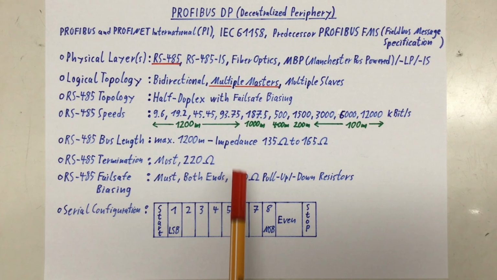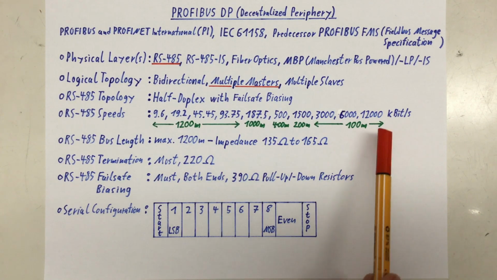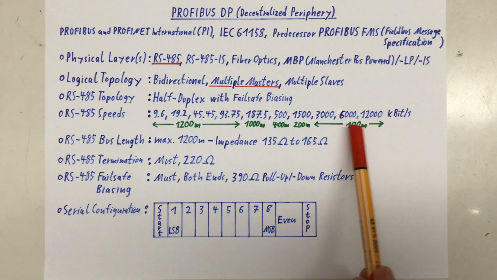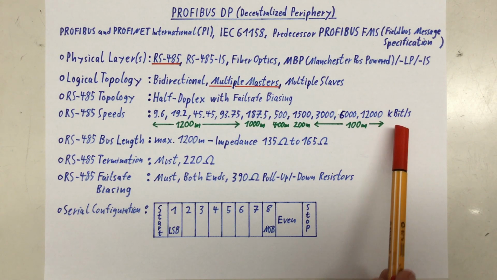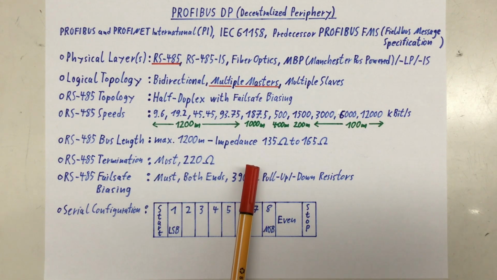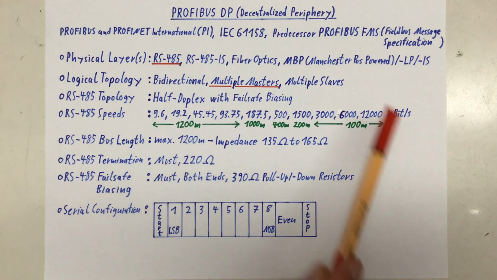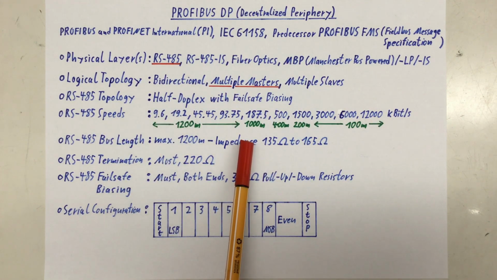And it has to be a close match because we want to run the stuff here at 1200 kilobits per second. Oh, and I forgot to mention, of course, it's a maximum of 32 devices on the bus.